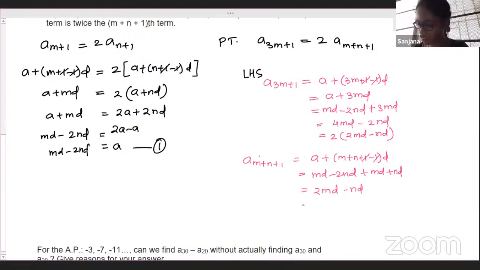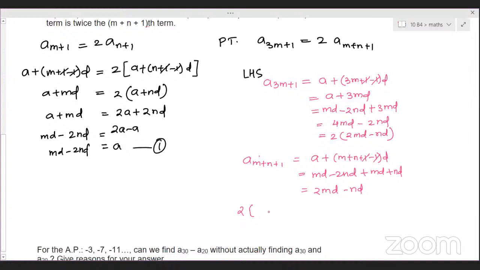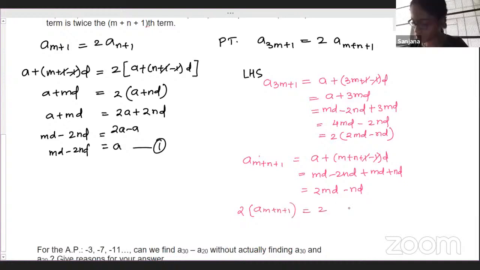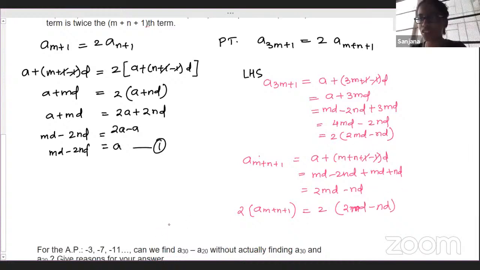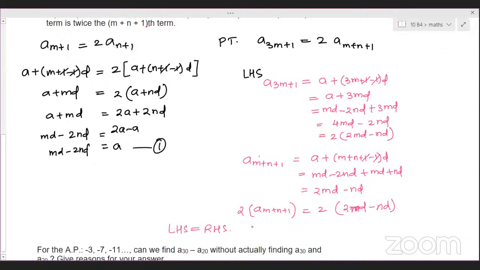So 2 times a m plus n plus 1 is 2 into 2md minus nd. LHS and RHS are both equal. Therefore, LHS is equal to RHS.